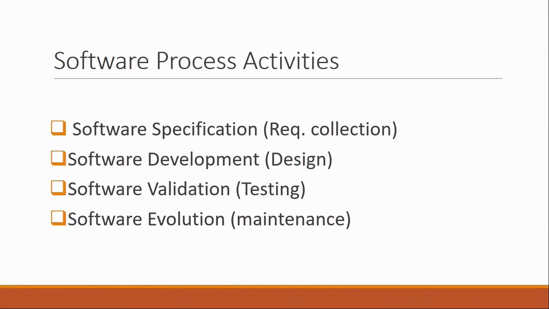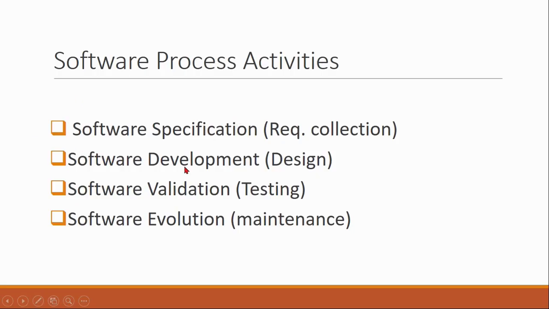So these components are structured within the software development lifecycle or SDLC. The core activities of the SDLC process are software specification, or we can call it requirement collection. In software specification we gather requirements from each and every stakeholder.